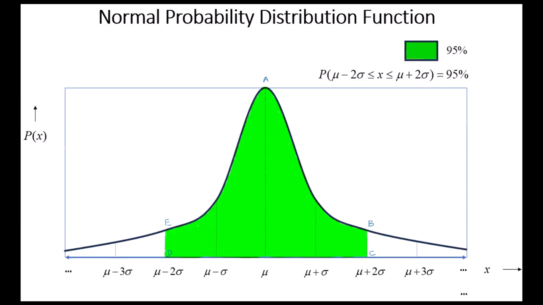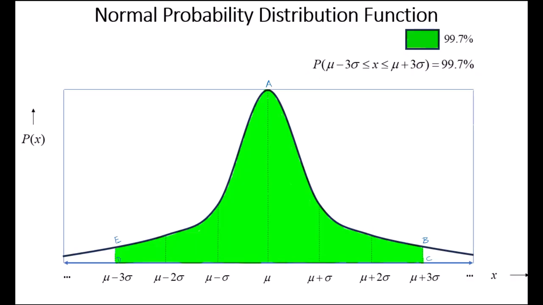Essentially the area bounded by A, B, C, D, E, and then back to A. Basically it's the area under the normal curve, above the x-axis, and between the two vertical lines, x equal to mu minus 2 sigma and x equal to mu plus 2 sigma. So the probability of having x values within plus or minus 2 sigma deviation with respect to the mean is 95%.